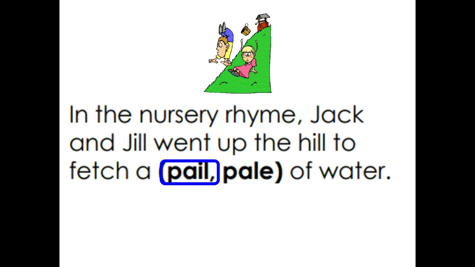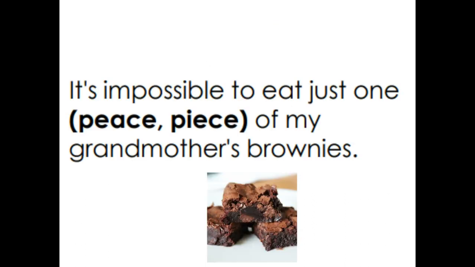That's like a pail of water. The next one is pale, P-A-L-E. If you have a lighter skin tone, you might say, oh, I look pale today. Or if you're looking through something very glassy or transparent, you might say it's pale.